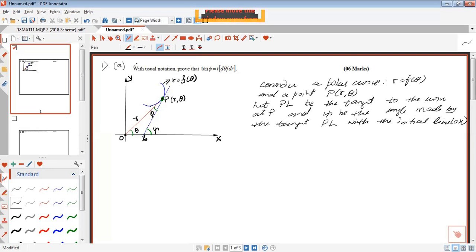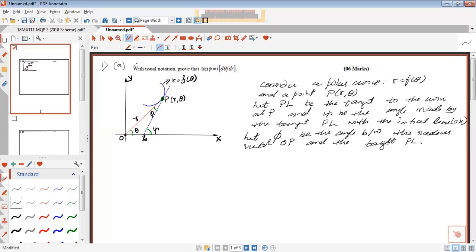Next, one more angle: let phi be the required angle, the angle between the radius vector OP, that is r, and the tangent PL. This phi is the angle between the radius vector and the tangent.